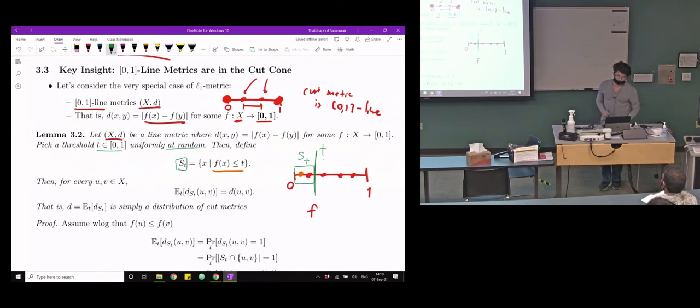Now, for every pair of points u and v, I want to say that the expected distance between u and v defined by the cut metric of S_t is just the original distance.